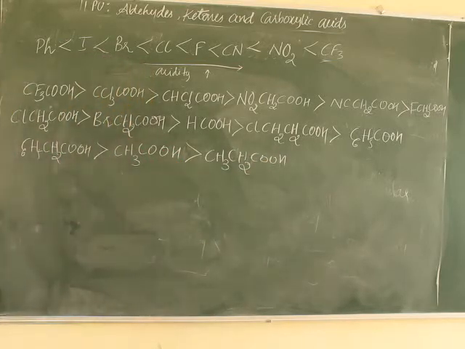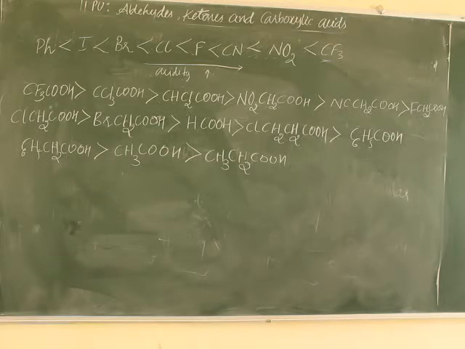And one more thing, direct attachment of groups such as phenyl and vinyl to the carboxylic acid. If a phenyl ring or a vinyl group is directly attached to the carboxylic acid, the acidity of the corresponding carboxylic acid increases.